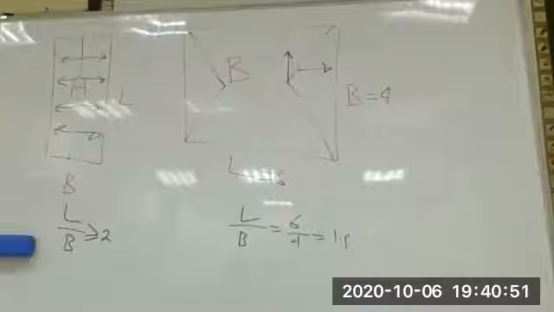Sigma y should be 0. Means what? Means the W plus B1 sine 30 plus B2 sine 60 plus R1 and R2 should be 0.